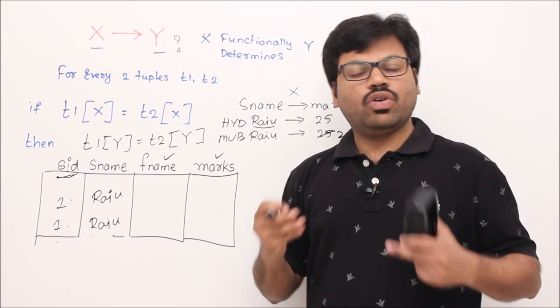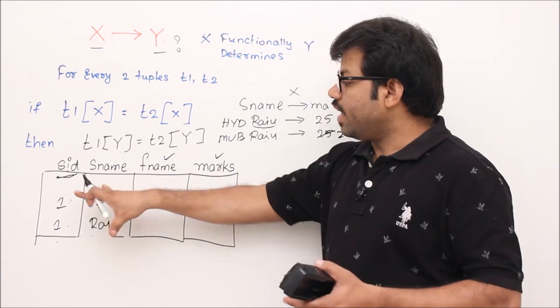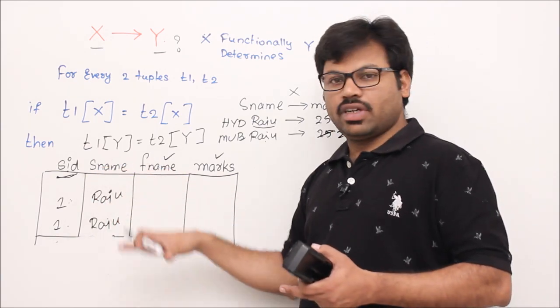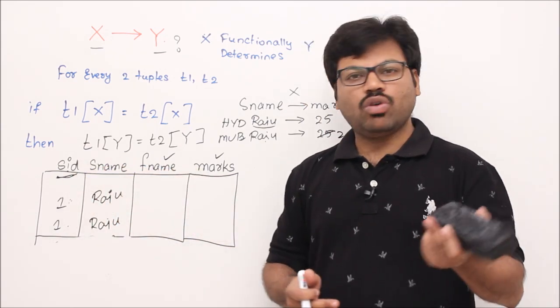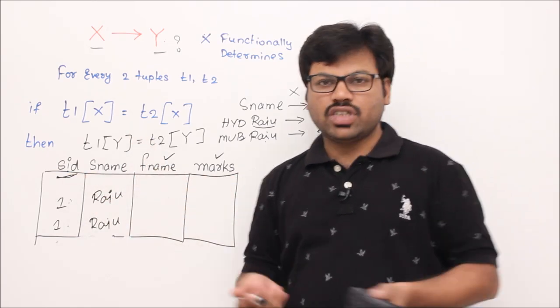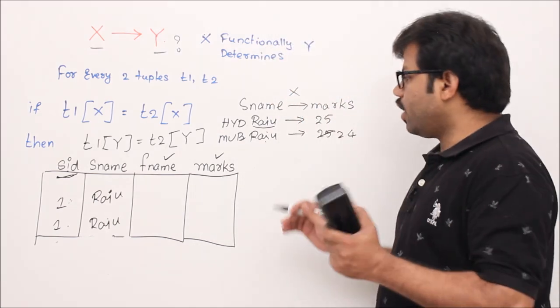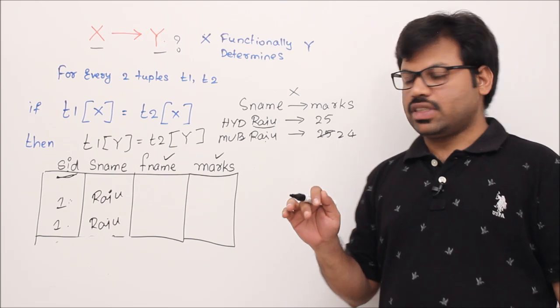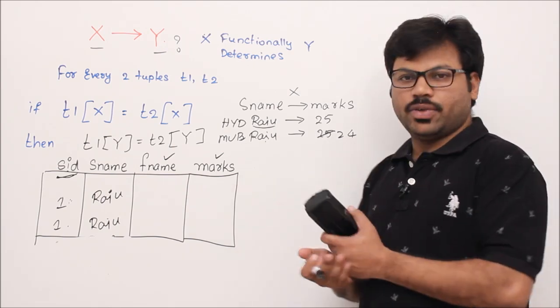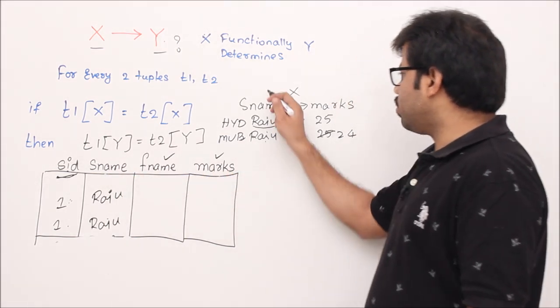Don't worry, if you don't know, also be happy. The database expert, or the domain expert of this data, will give the rules and tell you all the rules, like student ID determines student name. Once we have such rules, then we start normalization. Now we try to understand such functional dependencies. First of all, let's say you are the subject expert, then you tell me, can I say that student name determines marks? Absolutely false.